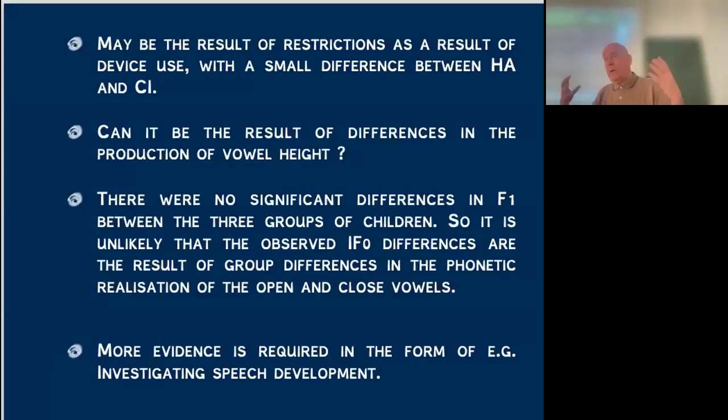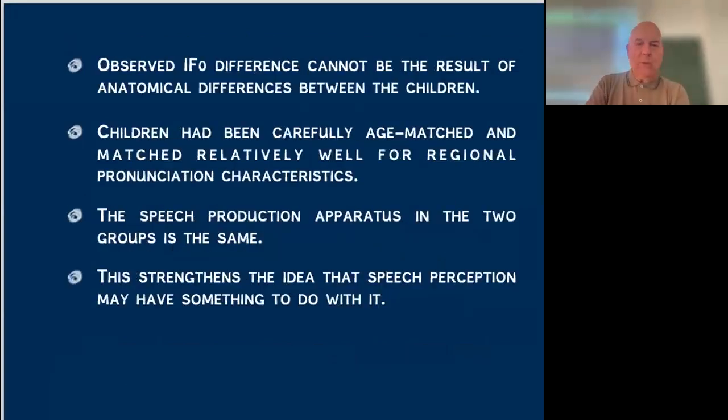I could argue, maybe this is potentially also related to the type of device that they use, but we did not find any significant difference between the two groups. So that also is a counter argument. IF0 differences cannot be accounted for by anatomical differences between the children. They were all normally developing children.